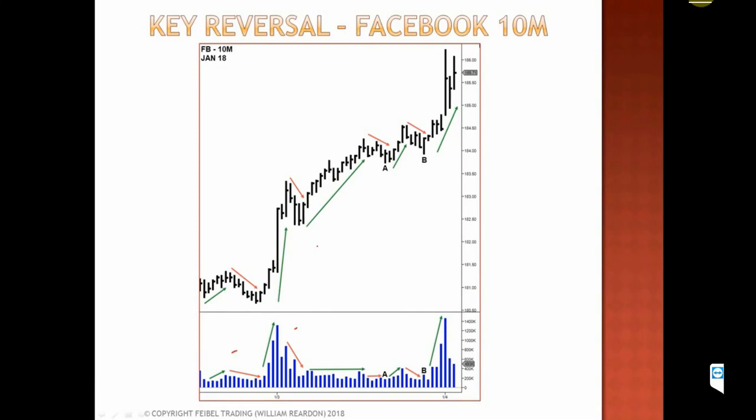It's truly amazing. And on days like this, when we can clearly read the volume characteristics and we're in an uptrend, it gives us a license to be aggressive. And by doing so, we can trade these key reversals very comfortably.